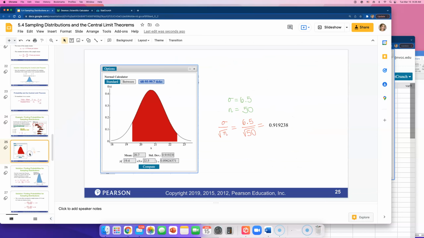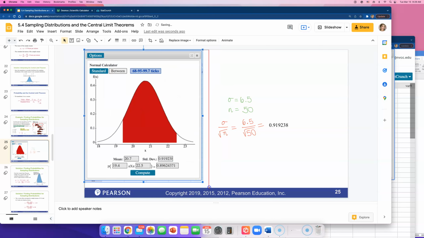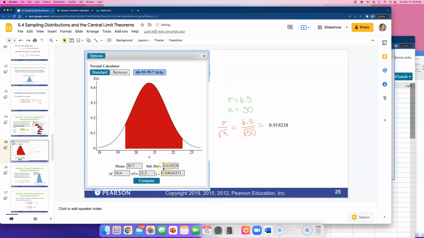So if you take a look at this, okay, I am using the mean of 20.7. I'll make this a bit bigger. I am using the mean of 20.7, but the standard deviation, 0.919238, that's from doing the standard deviation of the population divided by the square root of 50, okay?